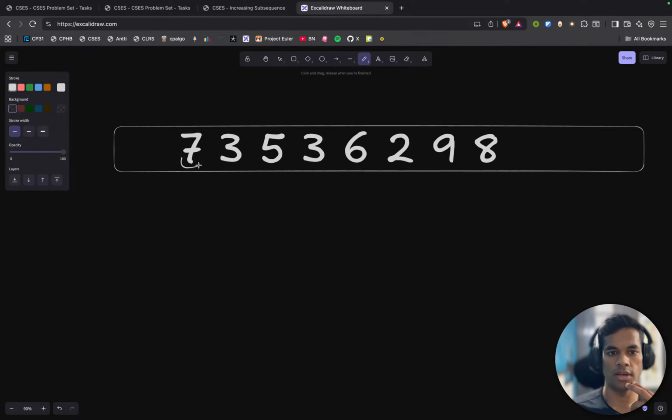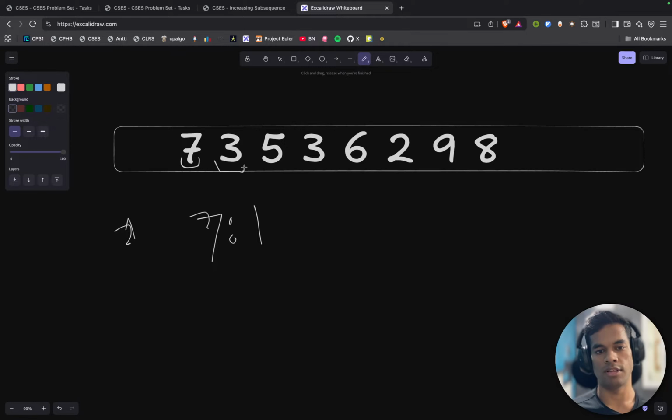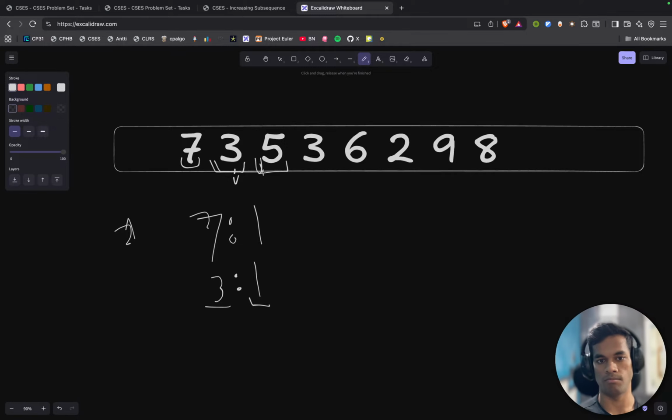Initially here, we will put 7 in our map and its value is 1. Then when we see 3, we look in our map: is there any value which is lower than 3? If it is not present, then add 3 with a value of 1. Then when I see 5, is there any value which is lower than 5? Yes, 3. So add 1 to 3's value, and put 5 here.